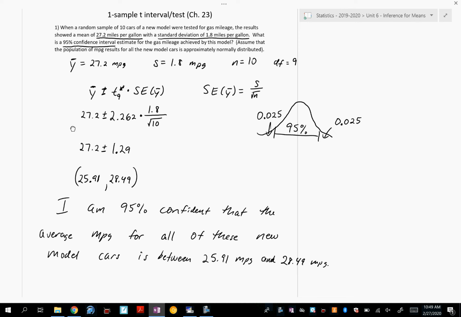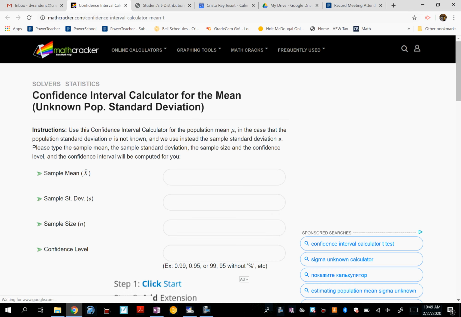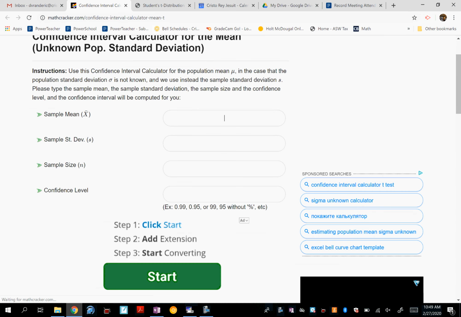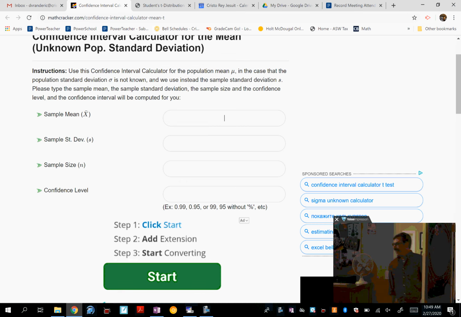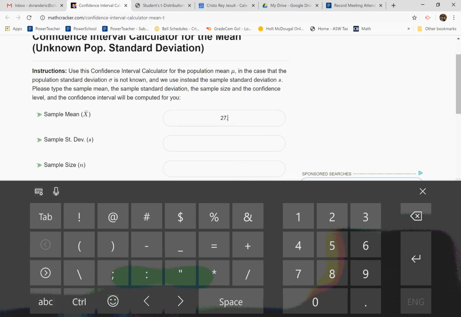Do you guys want to see the buttons for Math Cracker? Shall we do the things with Math Cracker so you can see how it works there? Okay. What is our sample mean? 27.2.